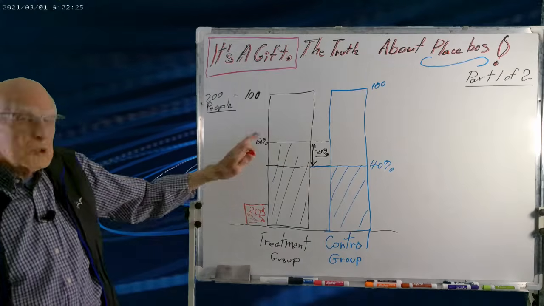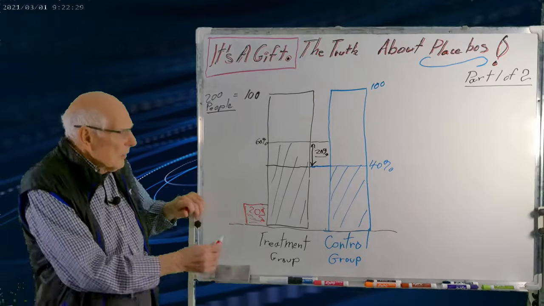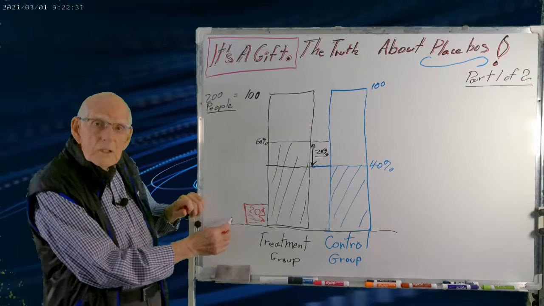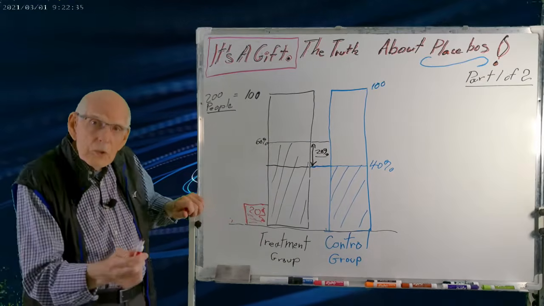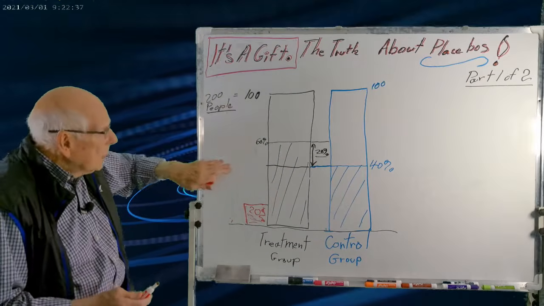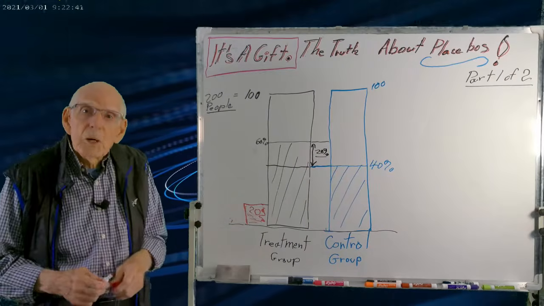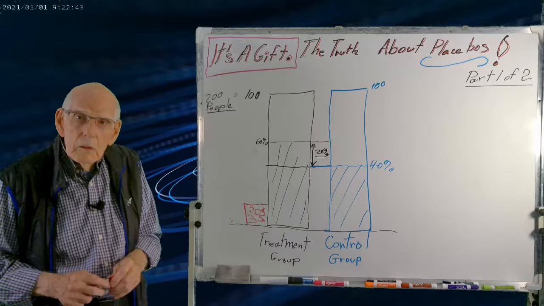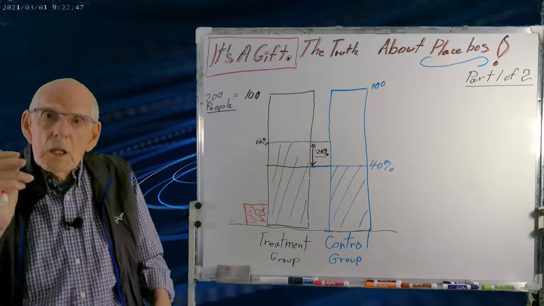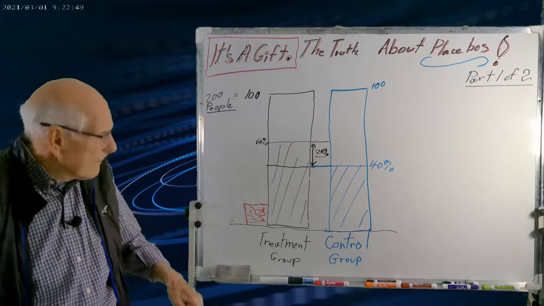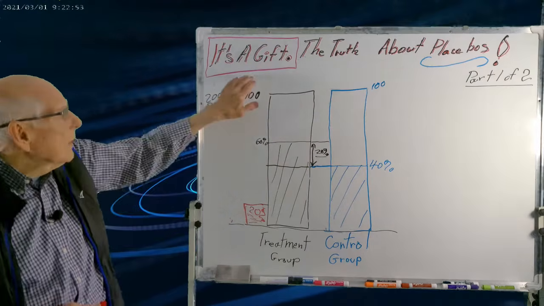So we get very expensive medications for treatments that only satisfy a very small amount of the people that have the condition that the medication is supposed to help. What's doing the help? Where is the gift? The placebo. It's a gift.